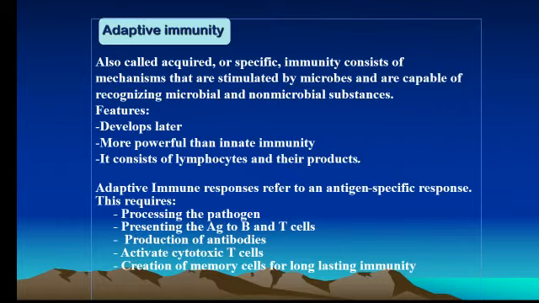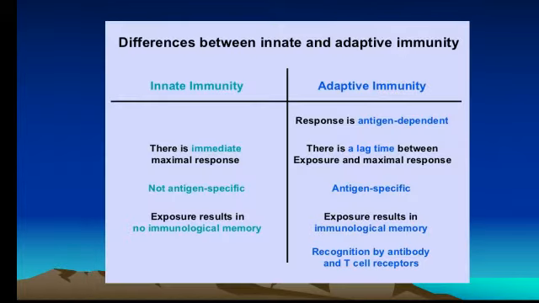Go to the next slide now. We have differences between innate and adaptive immunity. The main differences, in innate immunity, there is an immediate maximal response, non-antigen specific, and number three, exposure results in no immunological memory.